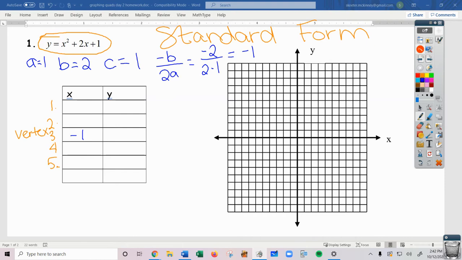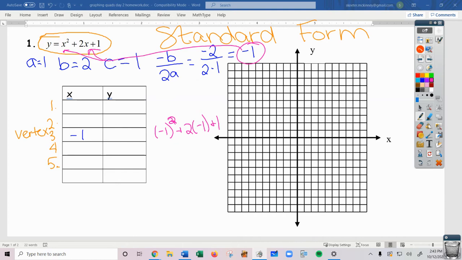Now, to find the y value that goes with it, we're going to do exactly what we've been doing to find the y value all along. We are going to take this negative 1 and plug it in for x in both locations. So just like before, because it's negative 1 squared, that needs to go in parentheses. That's a squared. Plus 2 times negative 1 plus 1. So I want you to pick up your calculator, right?